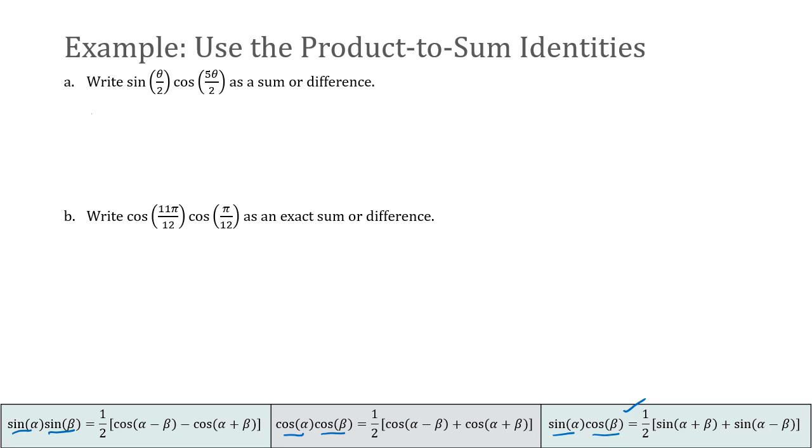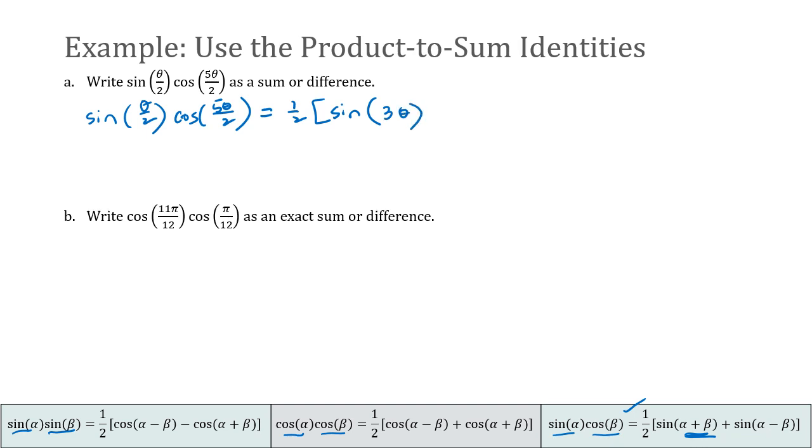I'm going to say that the sine of theta over 2 times the cosine of 5 theta over 2 is equal to 1/2 times the quantity, the sine of the two angles added together: theta over 2 plus 5 theta over 2. If I add those, I get 6 theta over 2, and 6 theta divided by 2 is 3 theta.